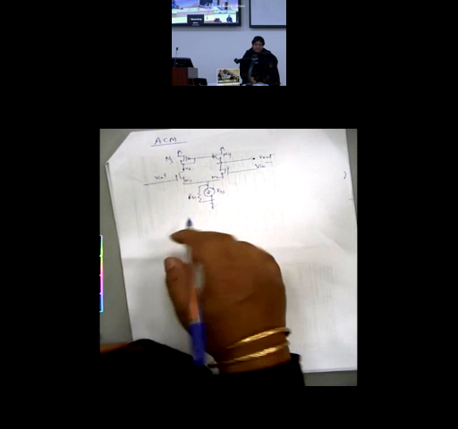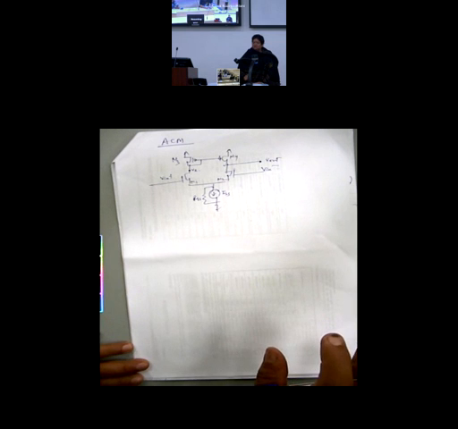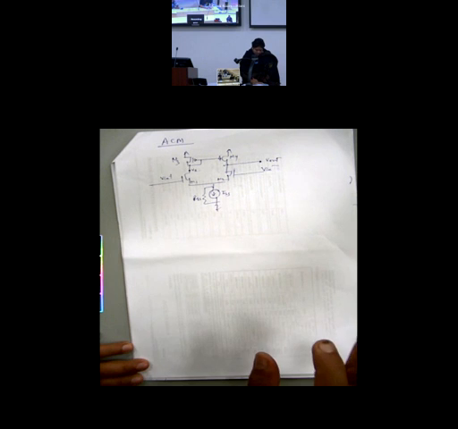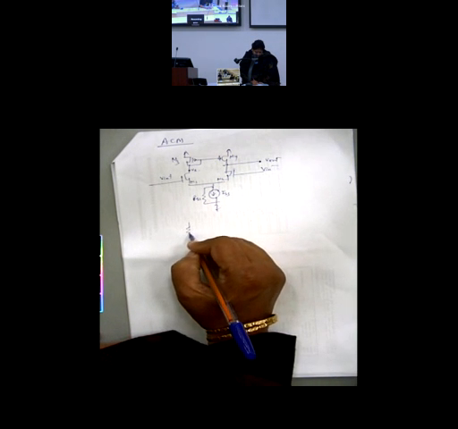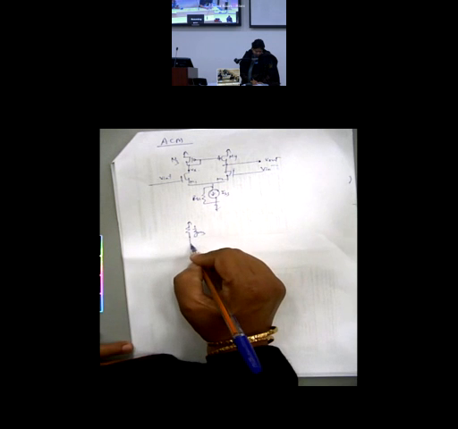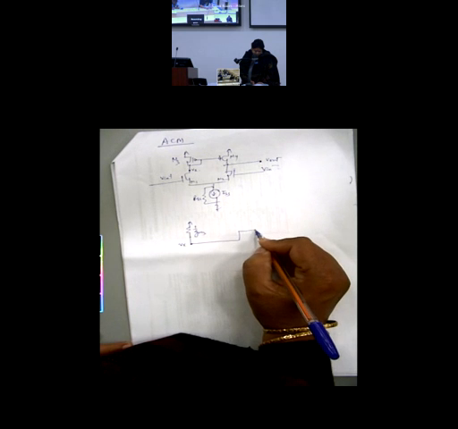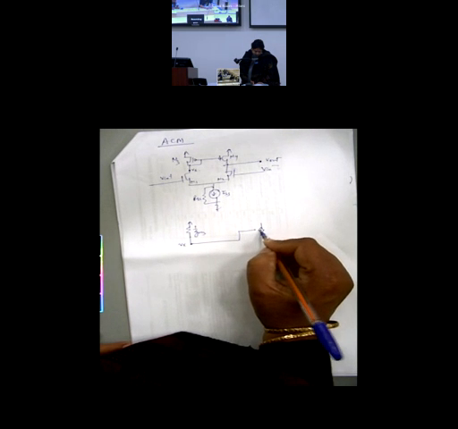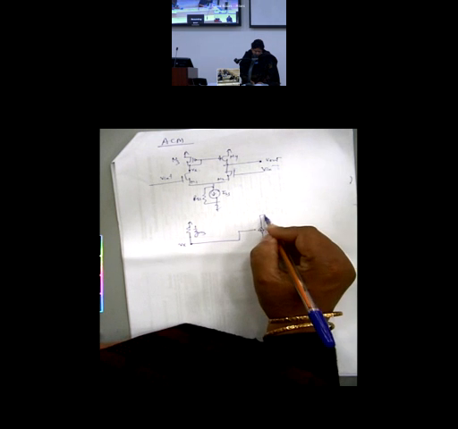Now you can do the analysis right here on the circuitry itself, just as I have done for the difference mode operation. How to split? Very easy. You can make it as 1 upon GM3. I am drawing the model, but you have to do the analysis. I will not do the analysis. This is Vx. This goes to a MOS. Remember, MOS is going to be a model. It is GM Vx. This would be AC ground.